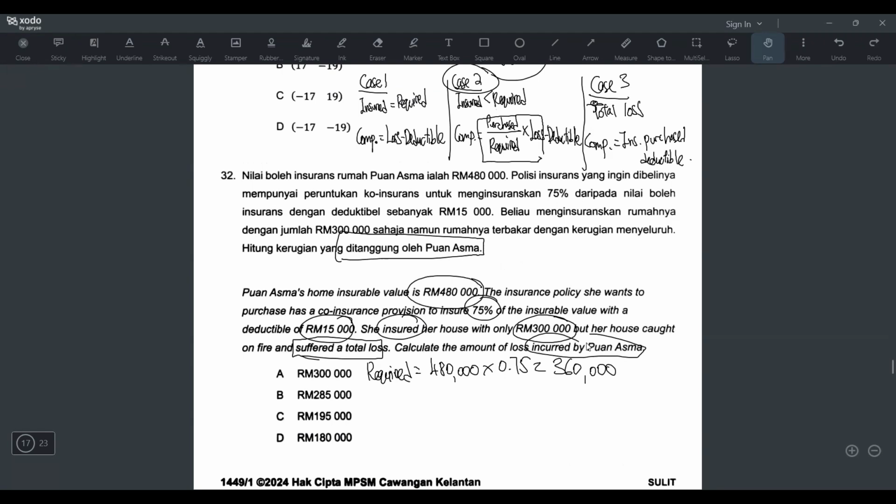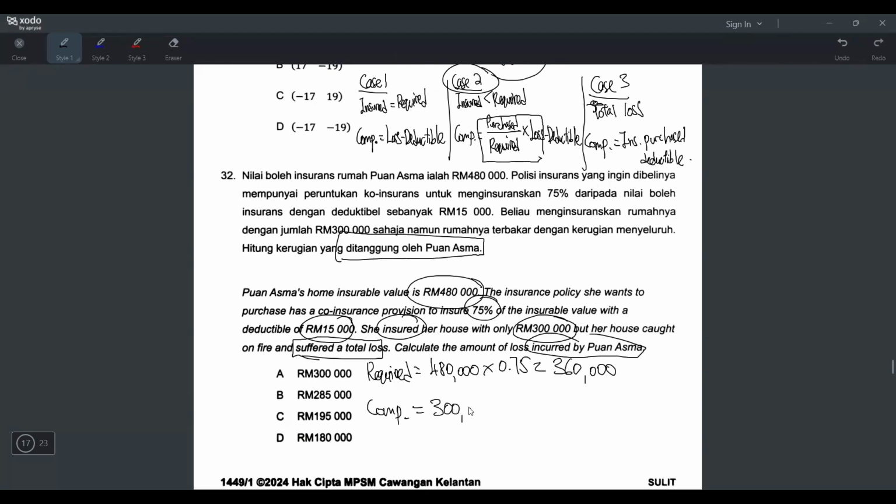Okay. Okay. So first, I will use this formula confirm because it's case 3. Yeah, it's case 3. So for case 3, how to calculate compensation? The compensation payment will be insurance purchase minus deductible. Purchase is 300,000. That's the insured value. Minus deductible 15,000. And then straight away press this. And then you will get the compensation. But this is not the answer. But press first. 300,000 minus 15,000.